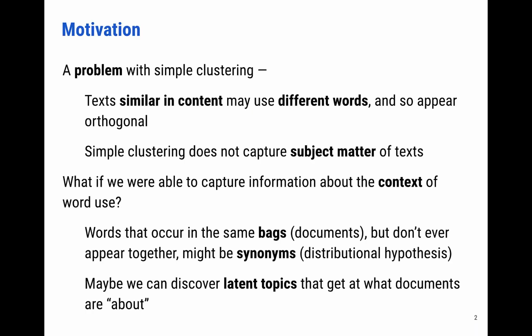So to motivate this topic, let's look at a problem that we have with simple clustering. Recall that simple clustering is what we looked at last time, where you create a square matrix of similarities among documents, using various distance measures among document vectors.